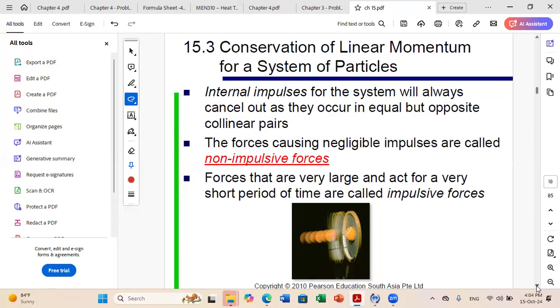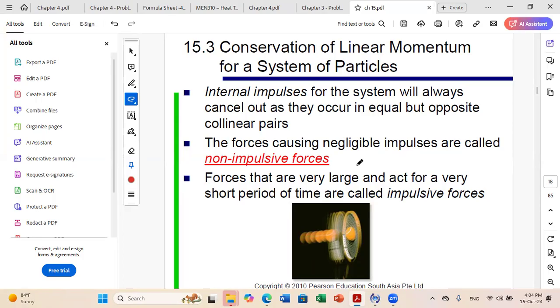So keep in mind, internal impulses of the system will always cancel out as they occur in equal but opposite directions. The forces causing negligible impulses are called non-impulsive forces. Whenever I have collision, the impulsive force is the interaction force between the two bodies in contact.